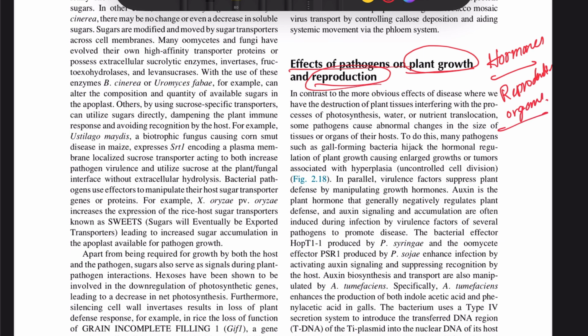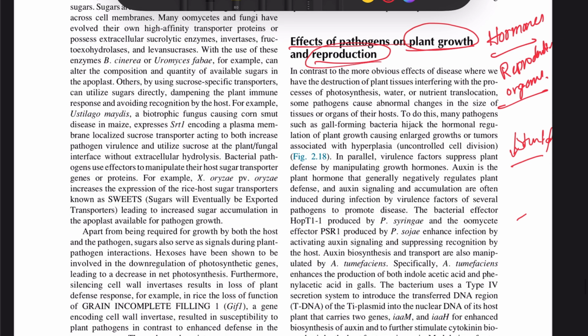This leads to what? This leads to dwarfing of plants, means they are stunted. Poor flowering, fruit loss, and reduced seed quality. Ultimately, what happens? It lowers the yield and survival.